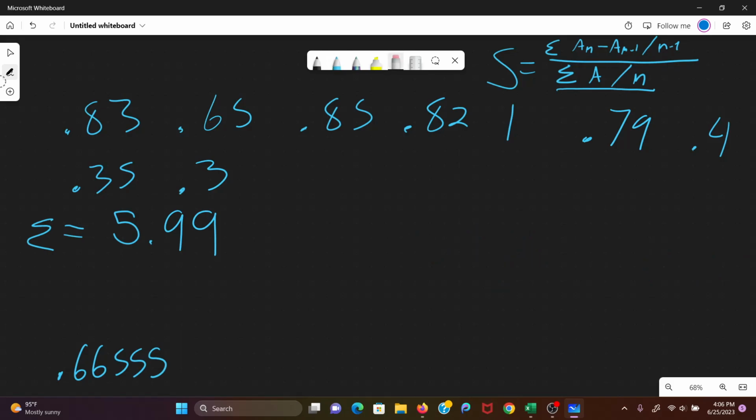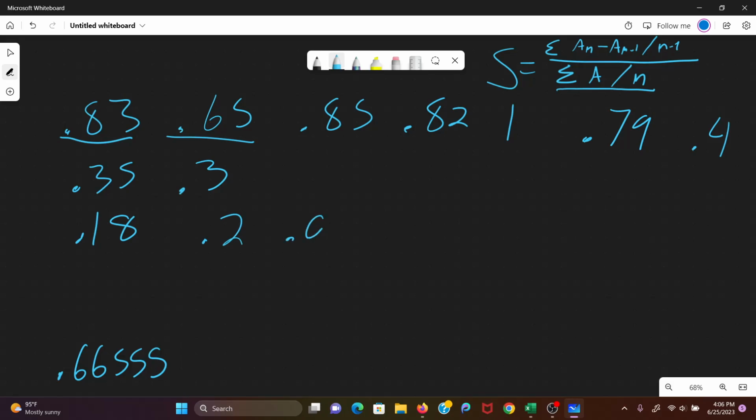And let's compute the top of our fraction. To compute the top, we're going to subtract this one from this one and keep doing that all the way across. The numbers that we end up with are 0.18, 0.2, 0.03, 0.18, 0.21, 0.39, 0.05, and 0.05.